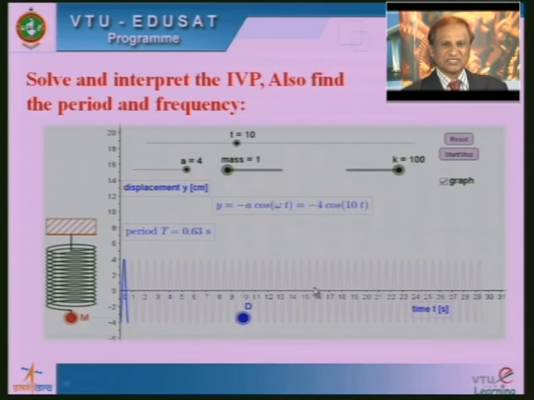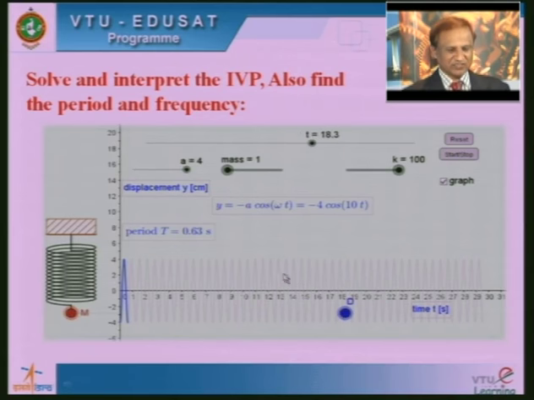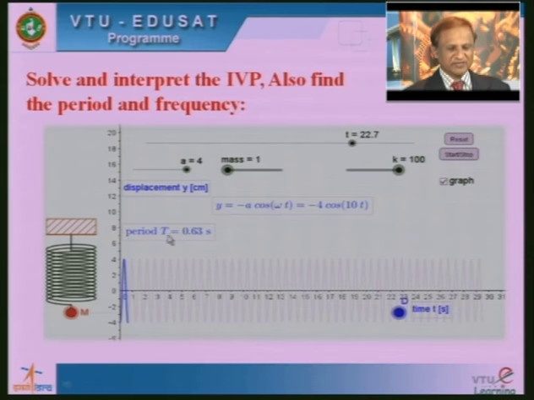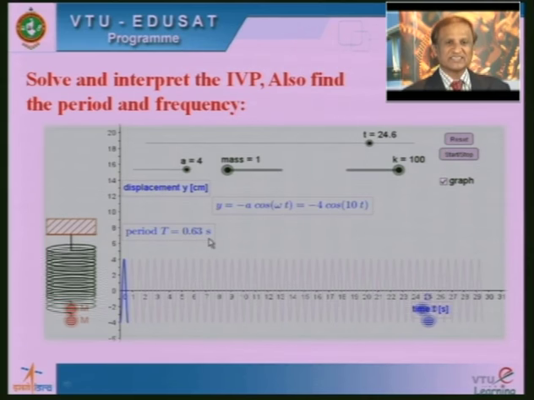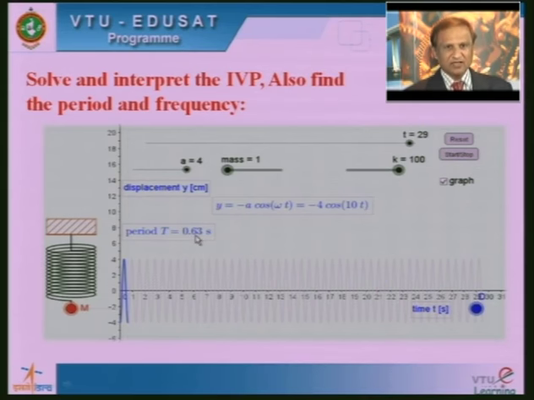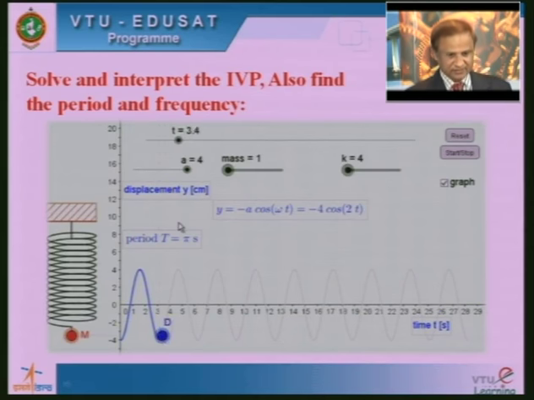Once again you will get more cycles compared with the earlier graph, and you can observe the time. What is the period? The period is 0.63 seconds. We can observe all these things.